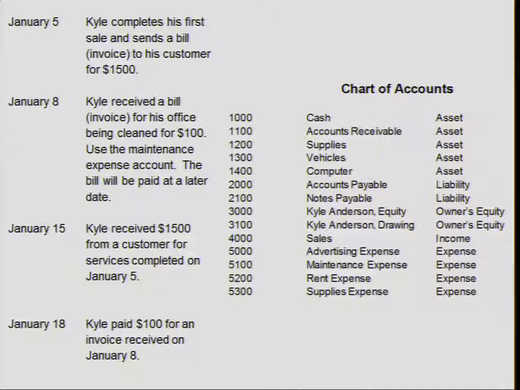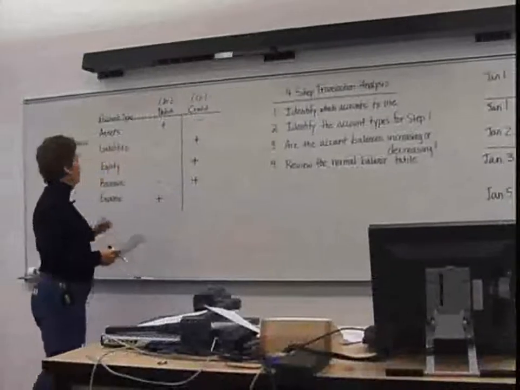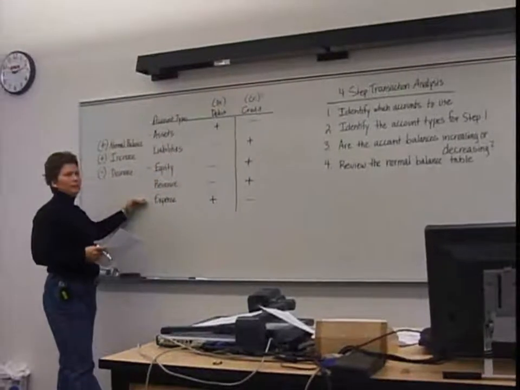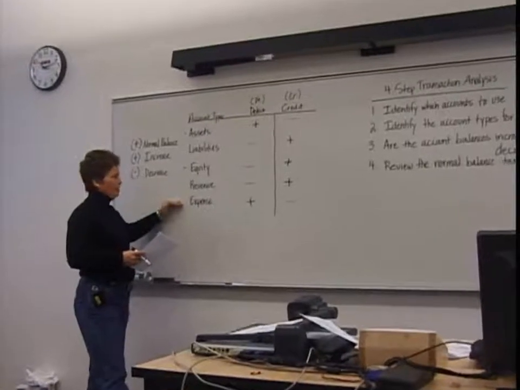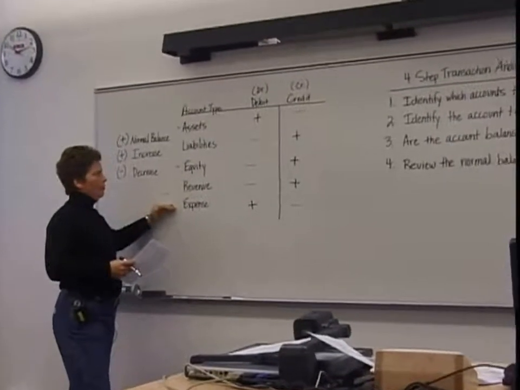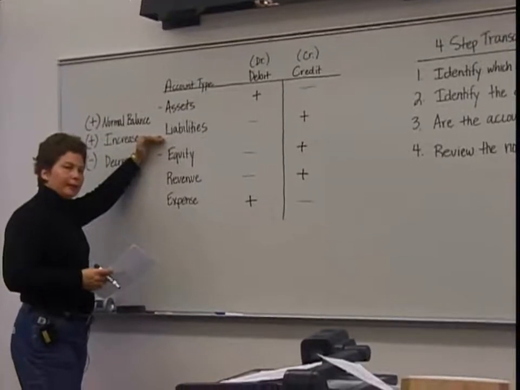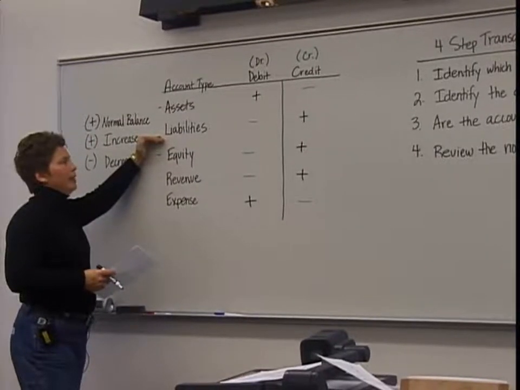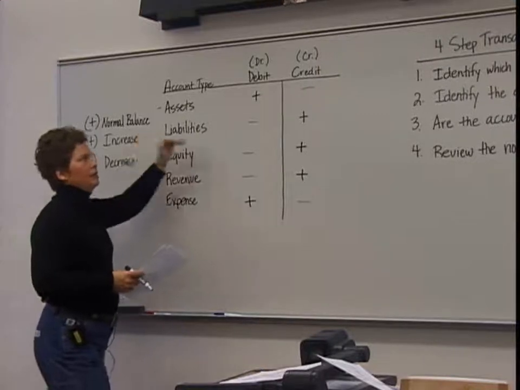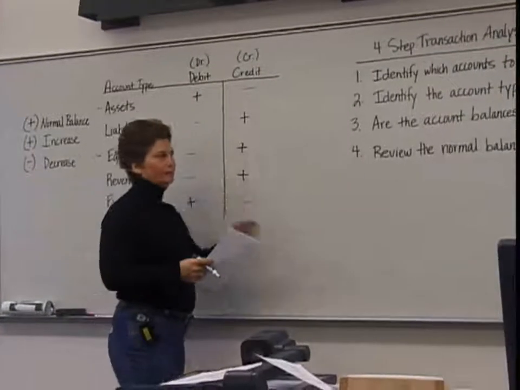So again, which accounts to use? We will use the expense account, maintenance expense. That will increase. And we will use a liability account because we're not going to pay for this until a later date. To show that accounts payable is increasing, we will credit that account.